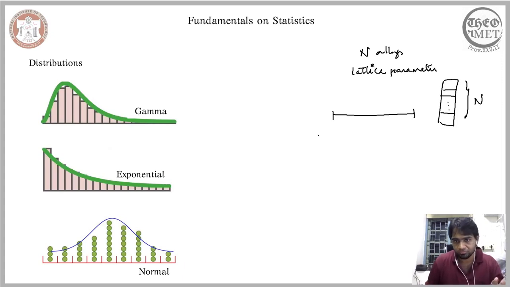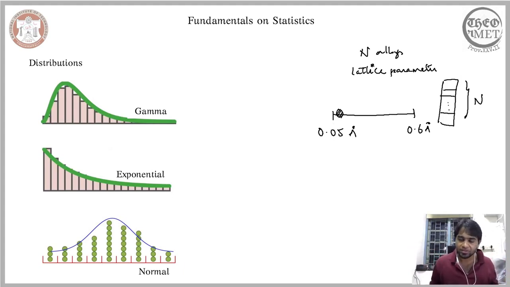Supposing we assume that the least value is 0.05 angstrom and the maximum value is 0.6 angstrom. If one of the alloys that we have developed assumes a value of 0.06, it will occupy a position on the scale close to the least value, the least range of the scale that we have considered.